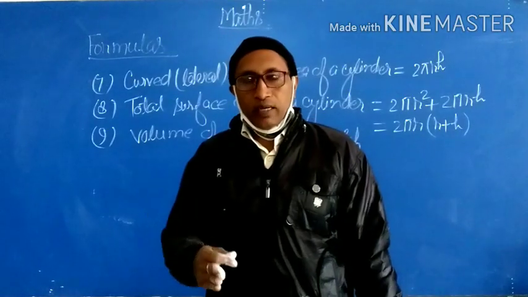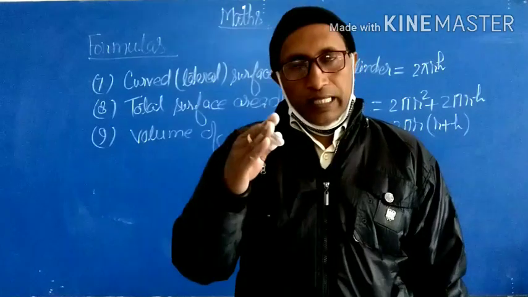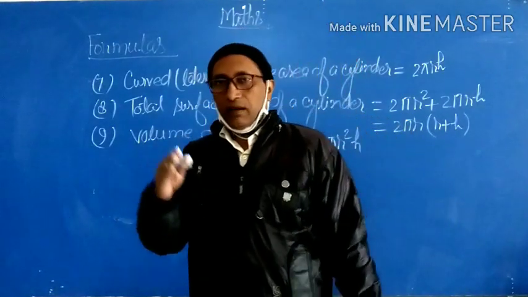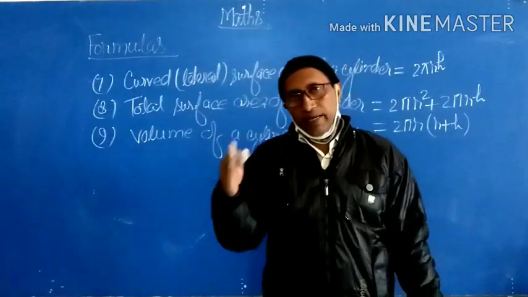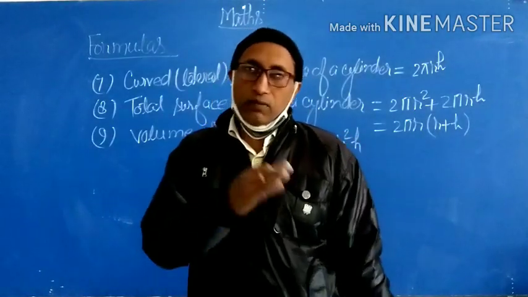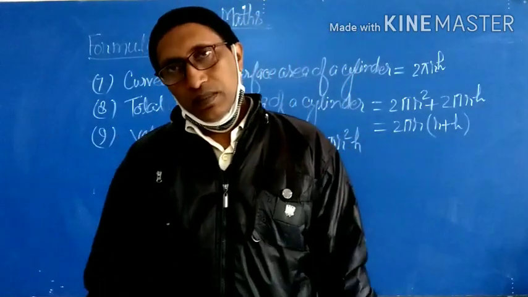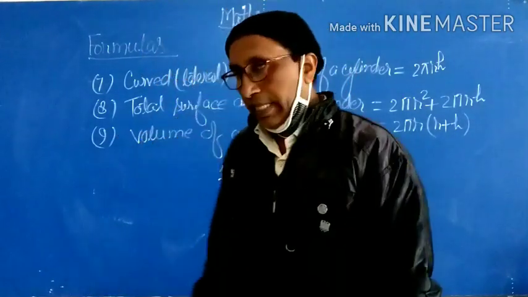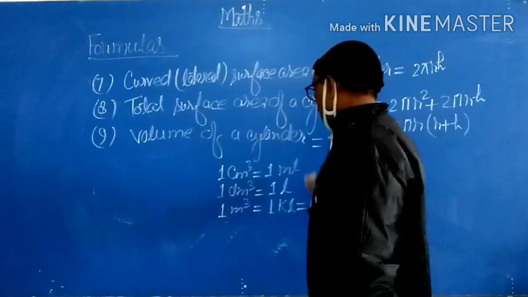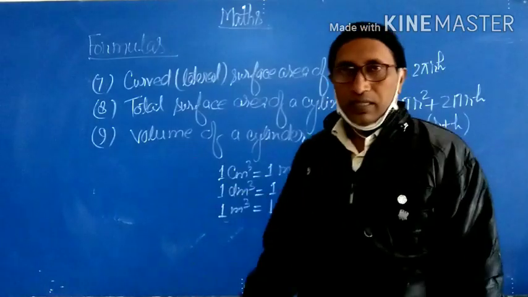If you want to find the capacity of any object, any vessel or container, then you find the internal volume. If you get the internal volume, that is equal to the capacity, and that is converted into liters, milliliters by these conversion units.